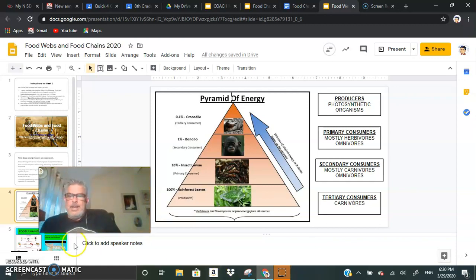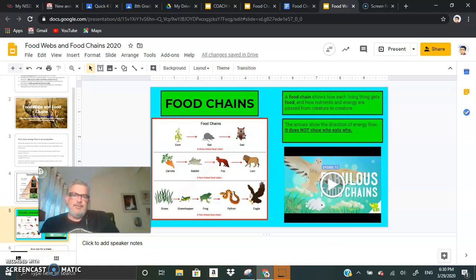Okay. Next one, food chains. A food chain basically shows how each living thing gets food and how those nutrients or energy move through the ecosystem. So you've got three examples there. You've got corn: energy from the corn goes into the rat, energy from the rat goes into the owl. Same thing, next one.